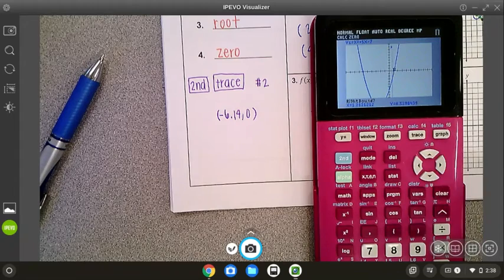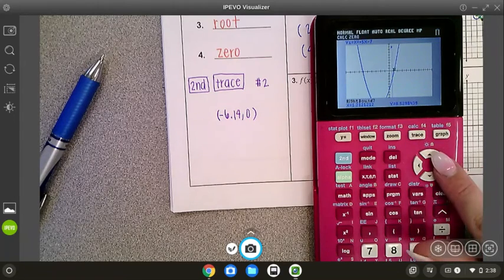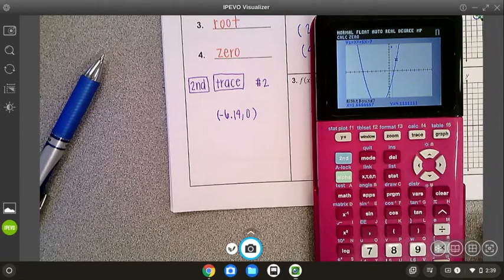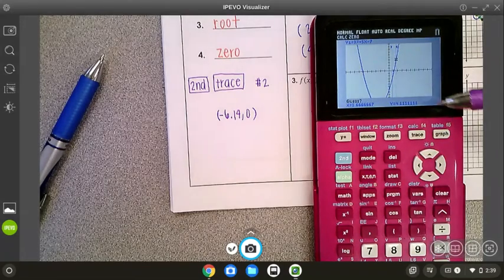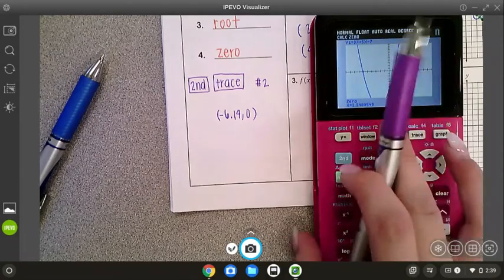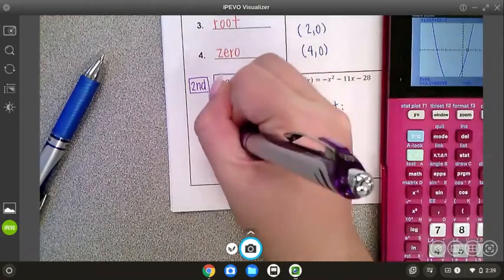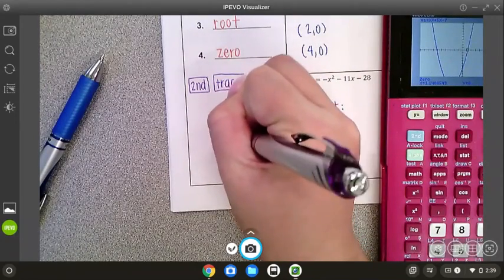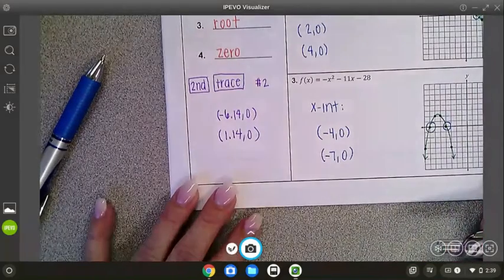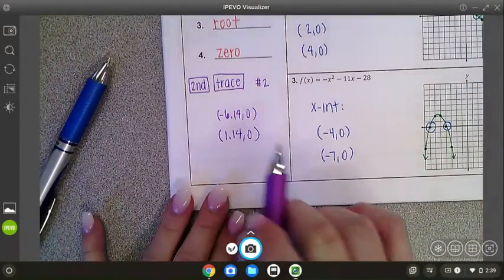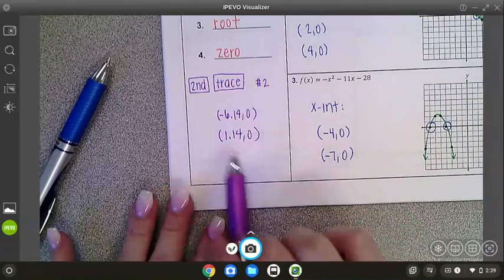And then I'm going to put it back on the x-intercept, and I'm going to go right just 2 or 3 clicks. Your x-intercept should be between those 2 dotted lines. Hit enter, and it gives us our x-intercept at 1.140.